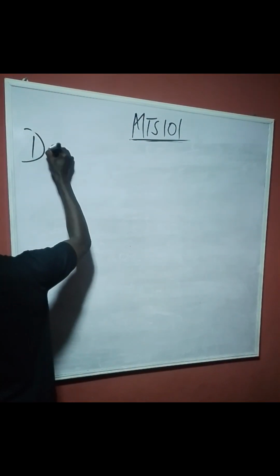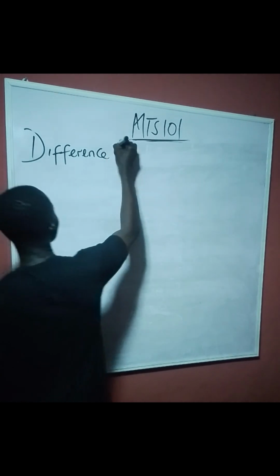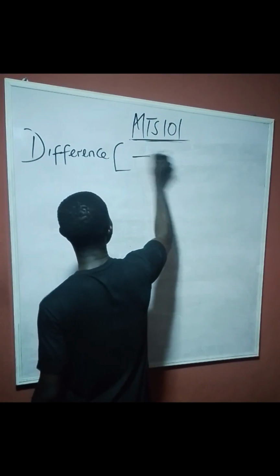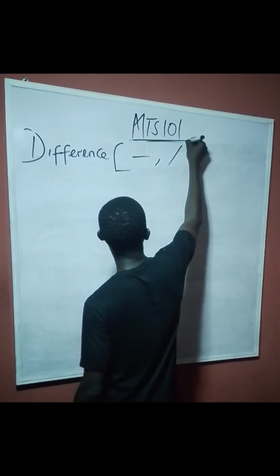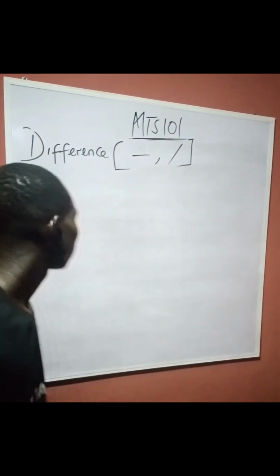So let's take them one after the other. Difference. What do you mean by difference? Difference has two symbols: it's either a minus sign or a backward slash. These are the two symbols we use for denoting difference.